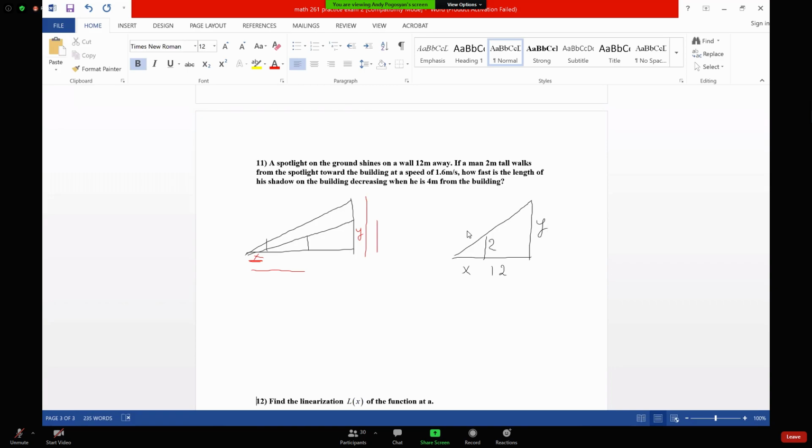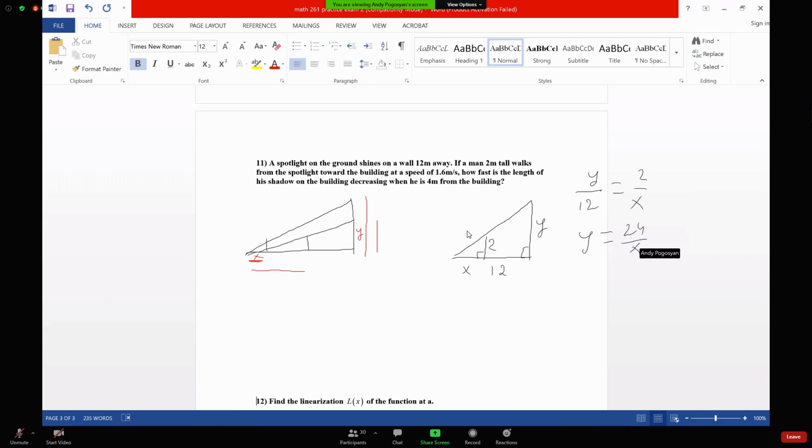We need to have a relation between x and y. So those are similar triangles. See, right triangle, right triangle. So y over 12 should be 2 over x. So y equals 24 over x.